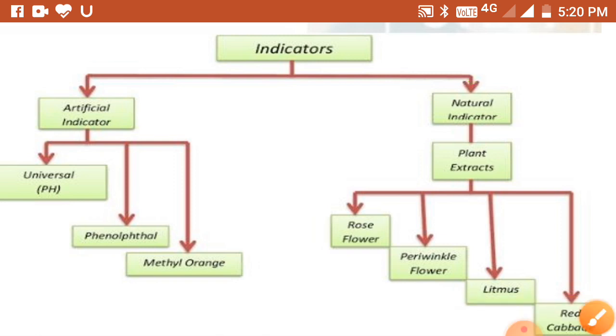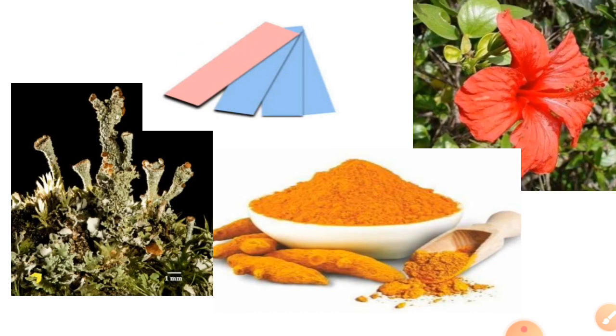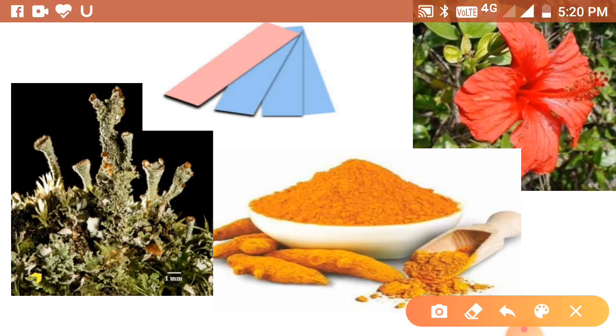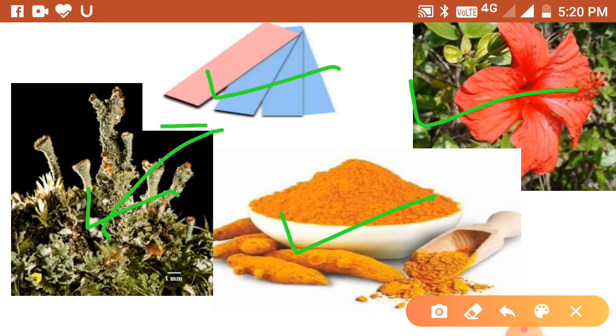Here are some examples: rose, litmus and red cabbage. Some more examples of natural indicators are lichen, litmus paper, hibiscus flower, which is also called China rose, and turmeric. Lichen is used to make litmus paper also.